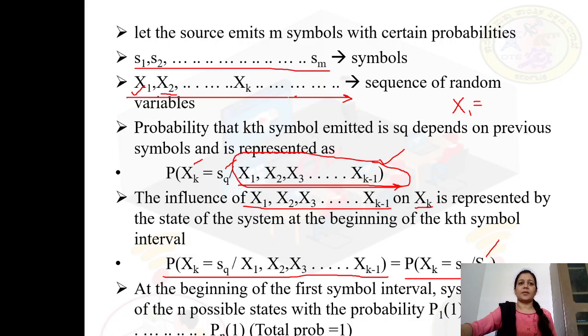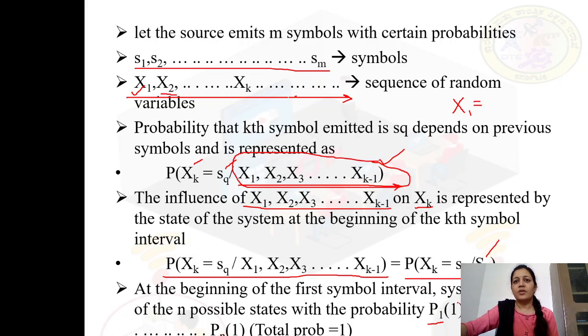Okay. Now, at the beginning of the first symbol interval, we will say that the system is in one of the n possible states. That is, either it is in state 1, or it can be in state 2, or state 3. In general, it can be in state i. And if it has n possible states, it can be in any one of the n possible states.